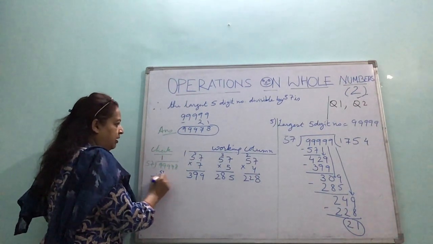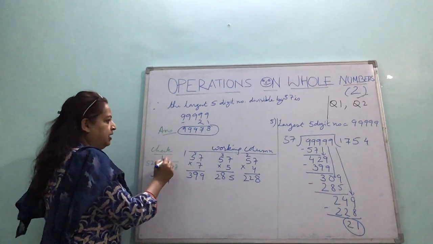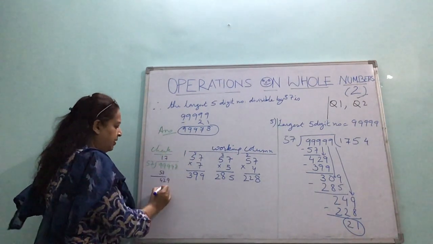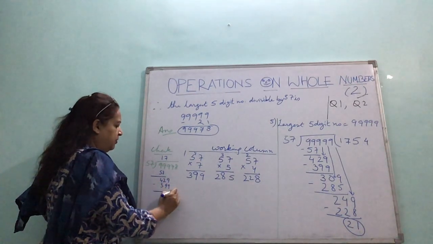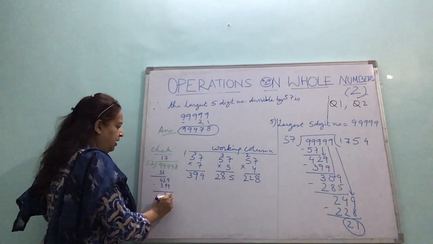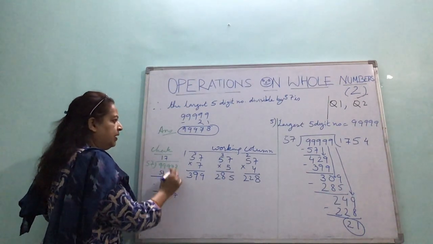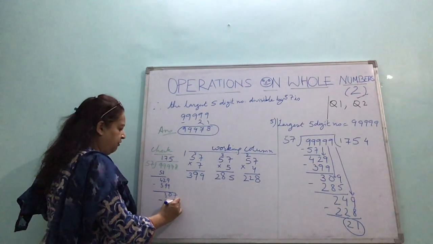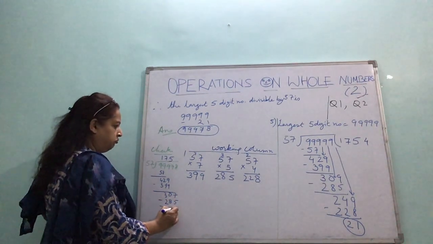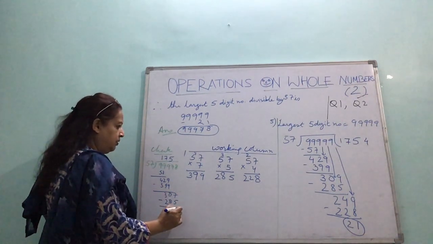5, 7, 4, 2, 1, 9. So it is 7 times. 3, 9, 9. Subtract 0, 3. Now 7. 5 times. Minus 2, 8, 5. 2. 2.